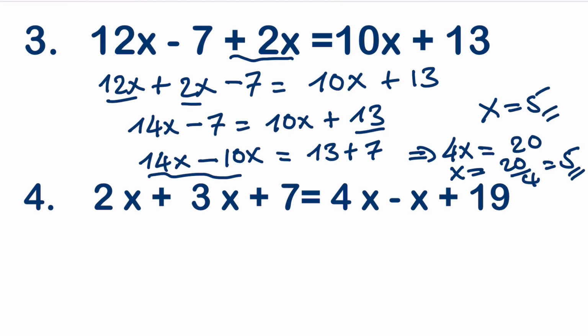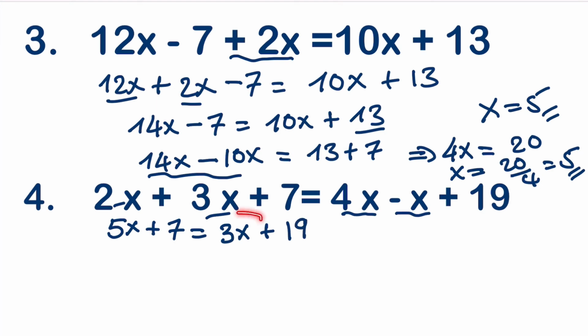Okay, if we move to the last question, we have the like terms already combined, so we can simplify them. We are going to have 5x because 2 plus 3 is 5, plus 7. Then we need to simplify 4x minus x. Minus x means minus 1x. 4 minus 1 is 3x plus 19. Then we still have to bring the like terms together. Don't forget the rule: if it is plus, when it crosses, it becomes minus.